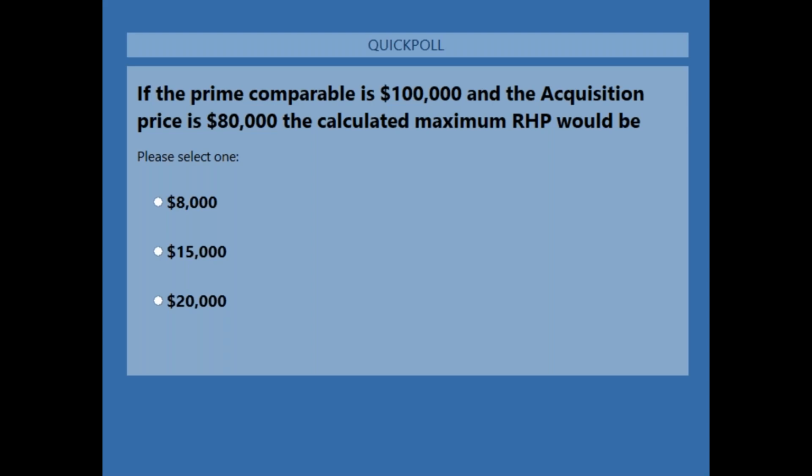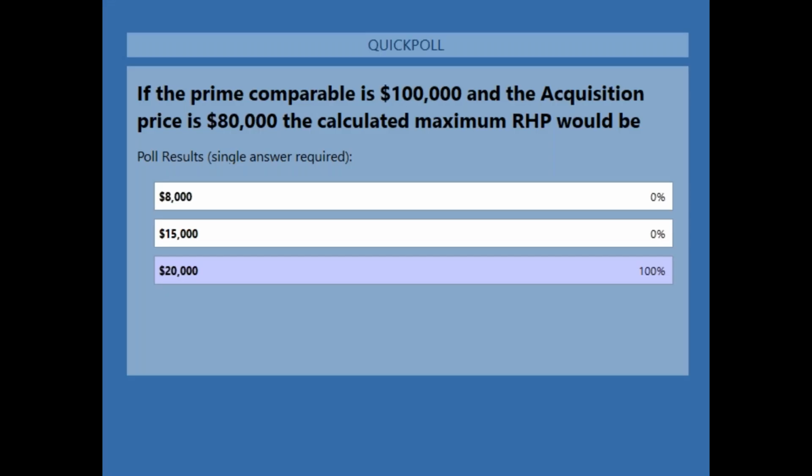Would it be $8,000, $15,000, or $20,000? I think that one was too easy for you guys because you all got it.